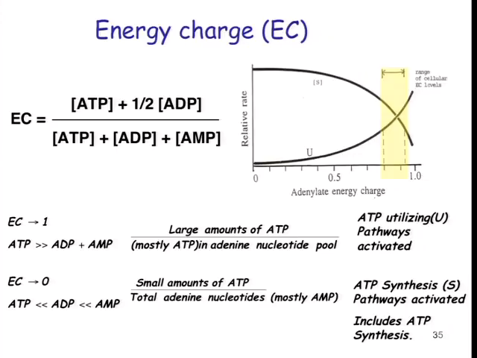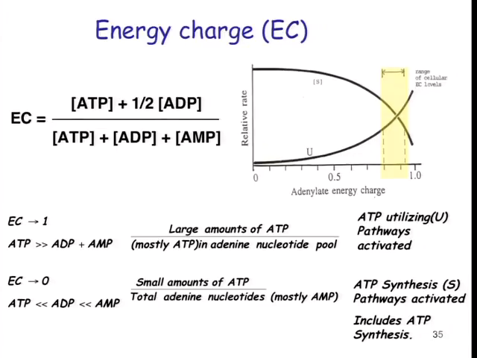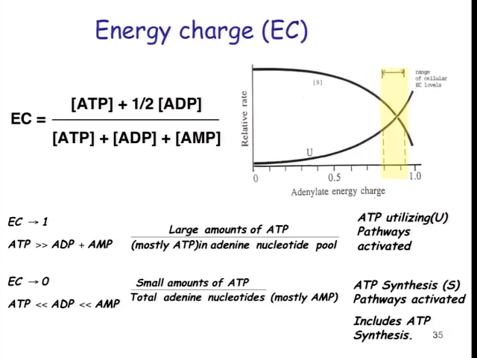So you have ATP plus half the ADPs, which is how many of them are ATP. And then you want the fraction of the total adenine nucleotide pool, which is ATP plus ADP plus AMP. That is referred to as energy charge.